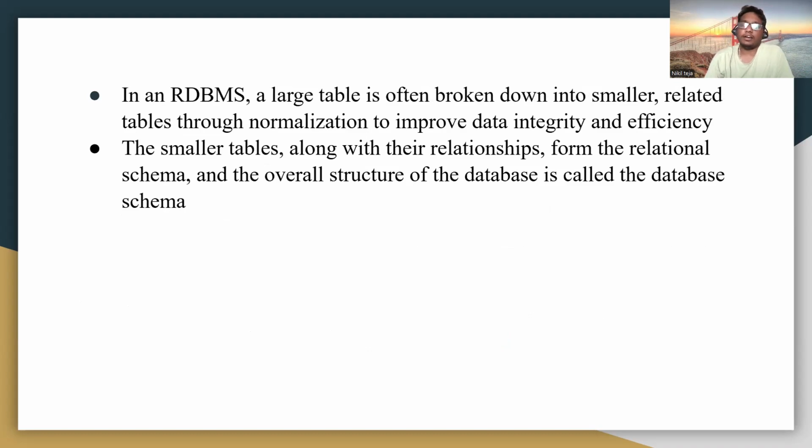So what happens in RDBMS is, there will be a very big table, and as a normal person, we cannot read a total table in order to understand the data. So in order to make it easier and improve the performance of the database, we will be breaking down that large table into smaller chunks, like smaller tables.